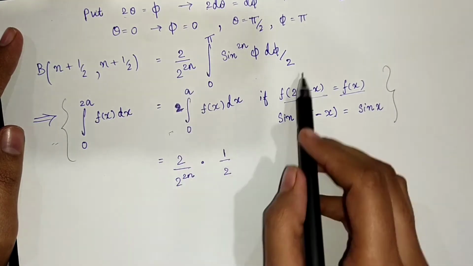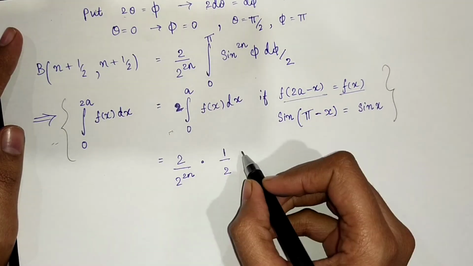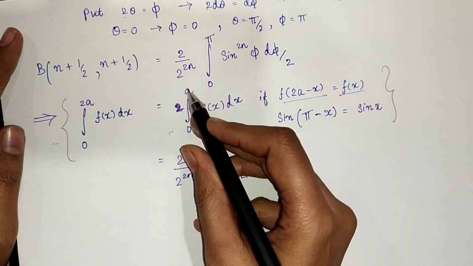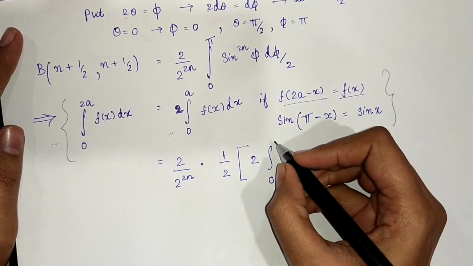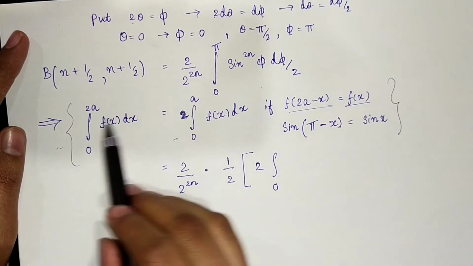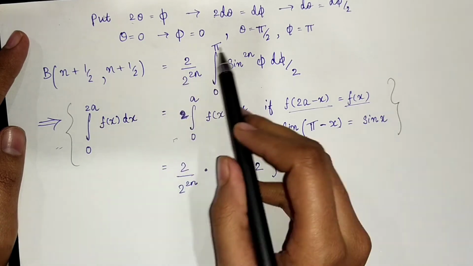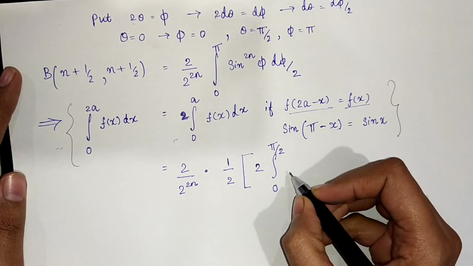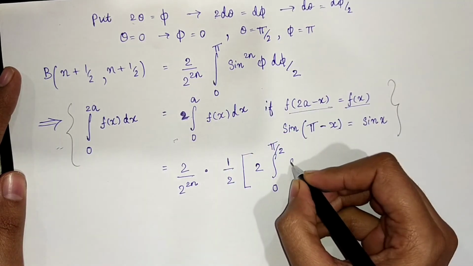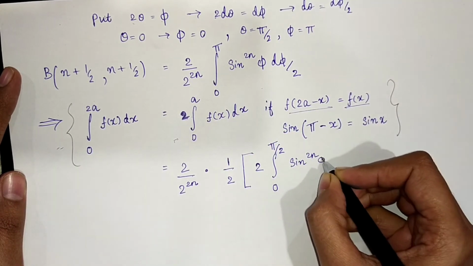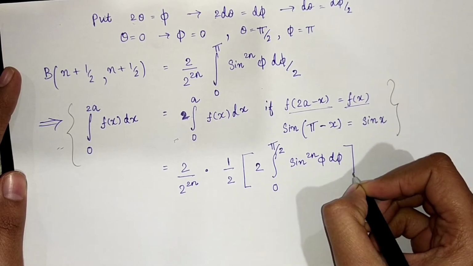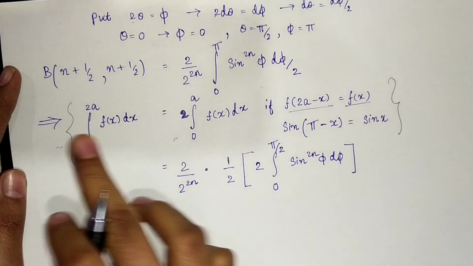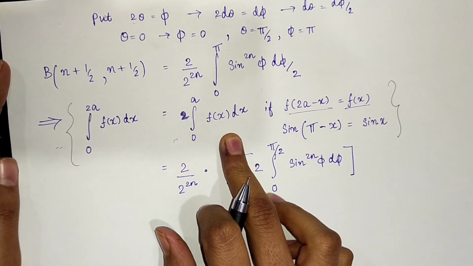Now we have to replace this equation by this term, so we multiply by 2. Then 0 to a, what is our a? We divide by 2, that is pi by 2, and this term will remain as it is. So our equation is converted into this type of equation according to the definite integral rule.